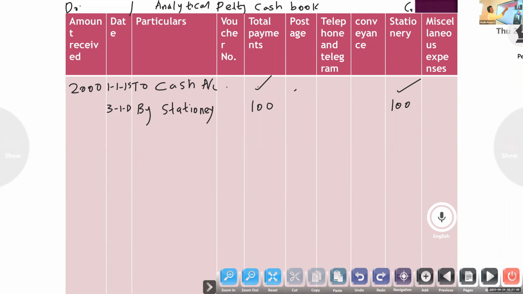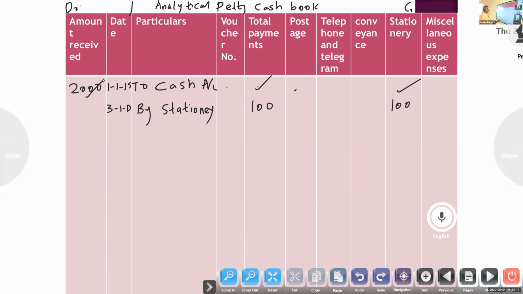Here also any head will come. Receipt is only this one, the amount received. Payment goes in total payment and then in the respective head, meaning postage, telephone and telegram, conveyance, stationery, miscellaneous expenses. Clear?